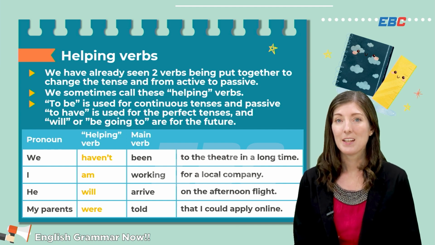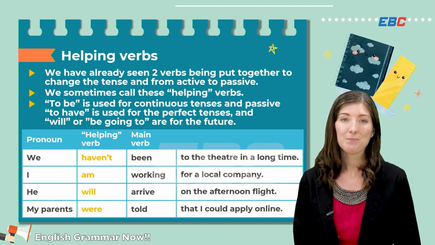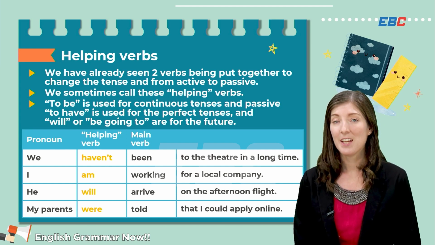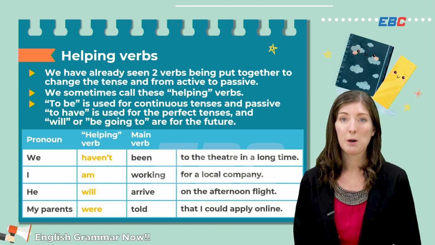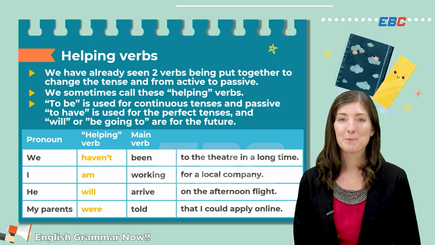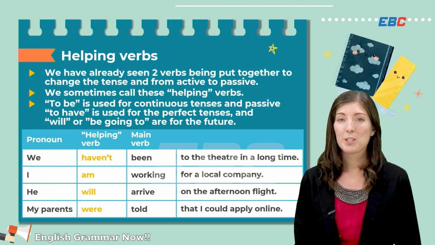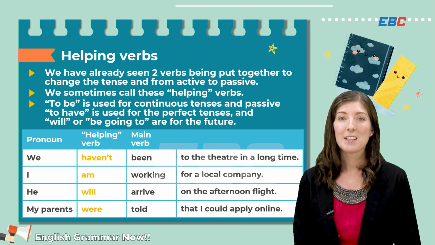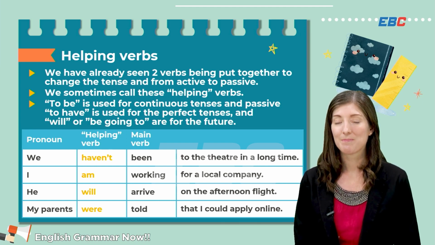So, for example, we haven't been to the theater in a long time. That's the present perfect, using to have to help the verb to be. The second example, I am working for a local company. We're using to be in the present continuous.